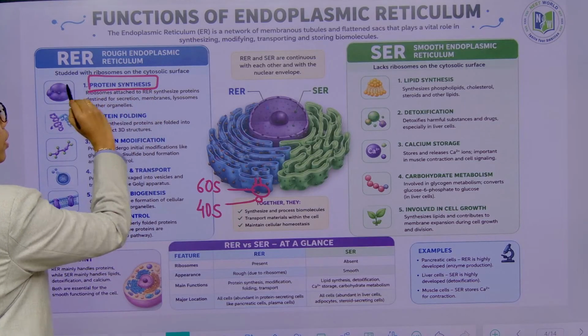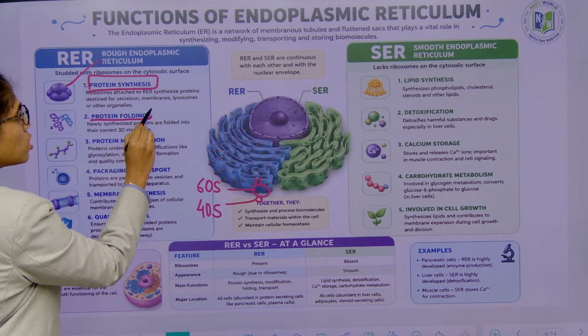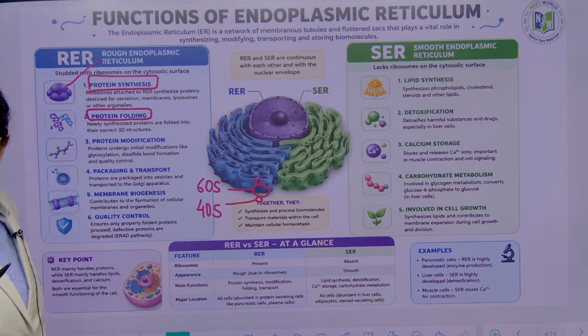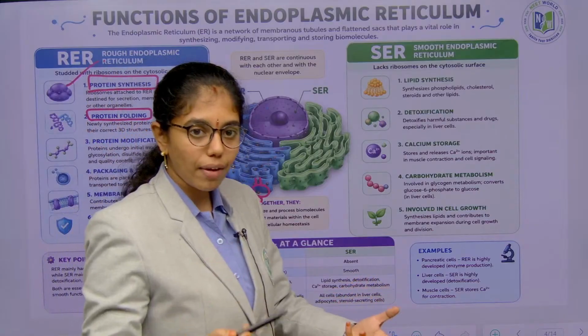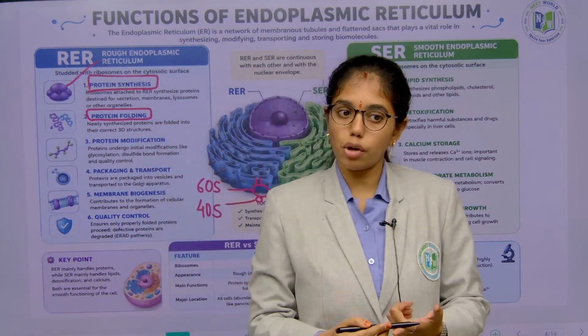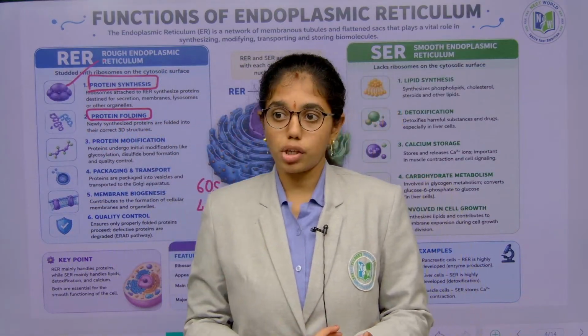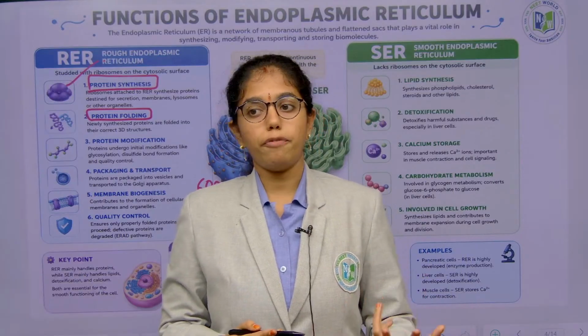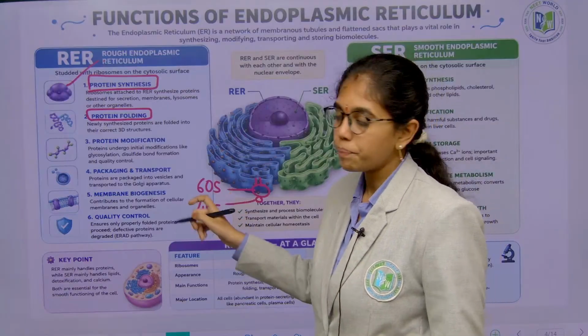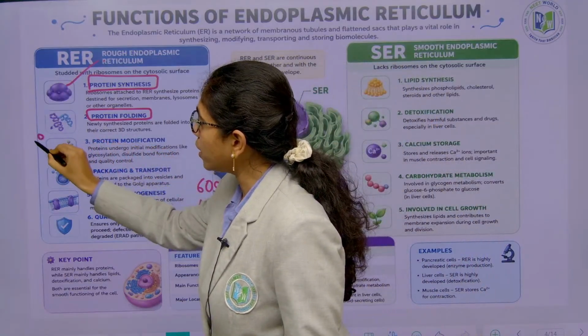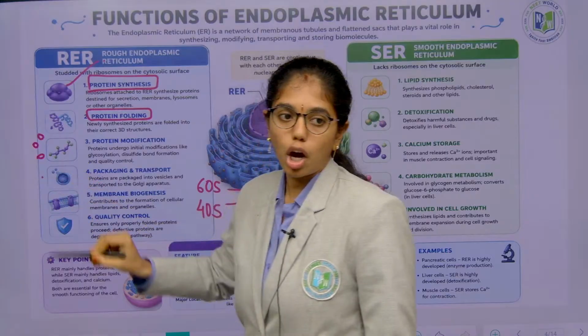This itself you remember. Protein folding also happens, where in biomolecules you have learnt the secondary structures of proteins, beta sheets and alpha helix, and tertiary structures of protein. Such foldings are also possible in the rough endoplasmic reticulum, and then they will be transported in the form of vesicles to what? Golgi bodies.